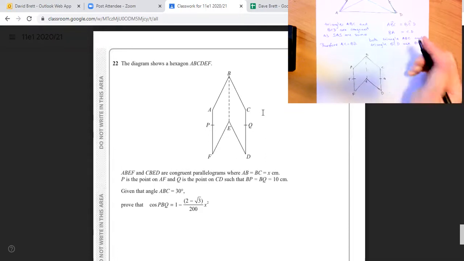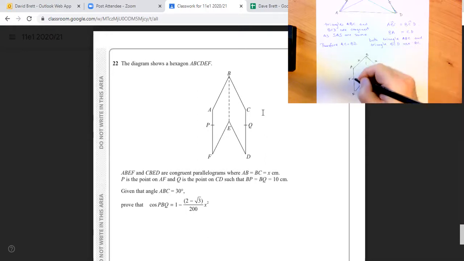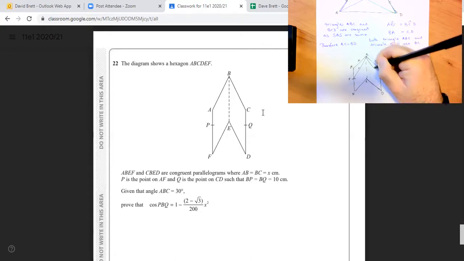Okay, ABEF and CBED are congruent, where AB equals BC, which equals x, so that's x and that's x. P is the point on AF and Q is the point on CD, such that BP and BQ are 10 centimeters, so that's 10 and that's 10.